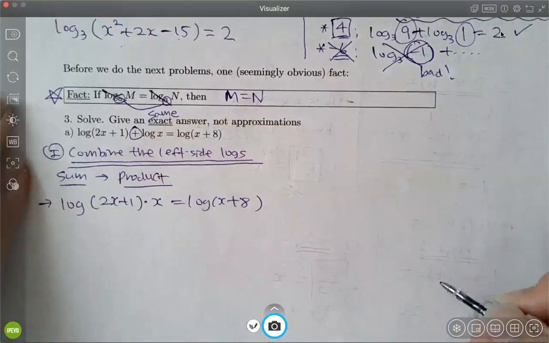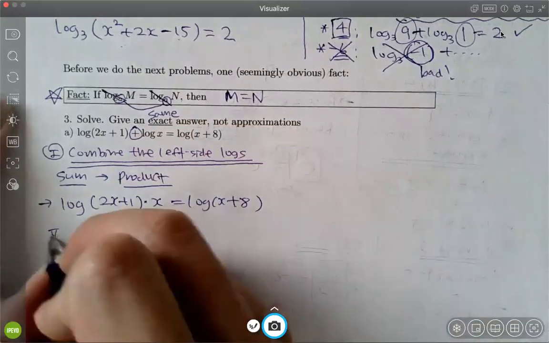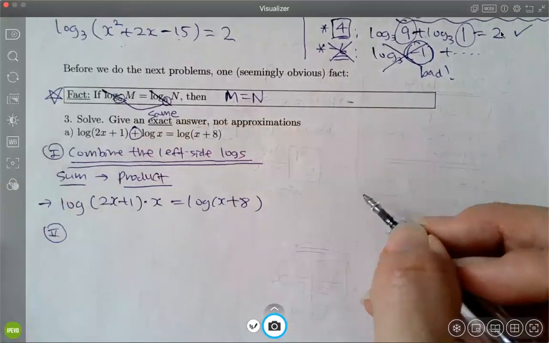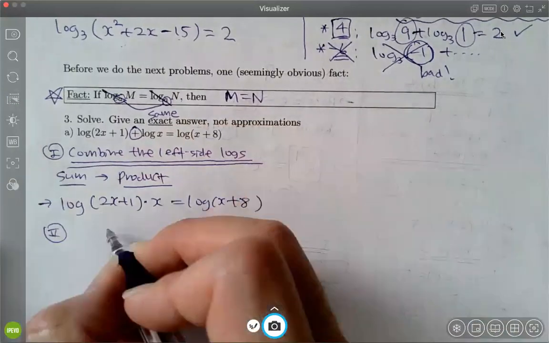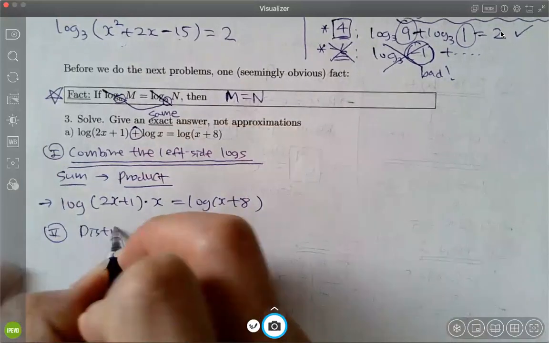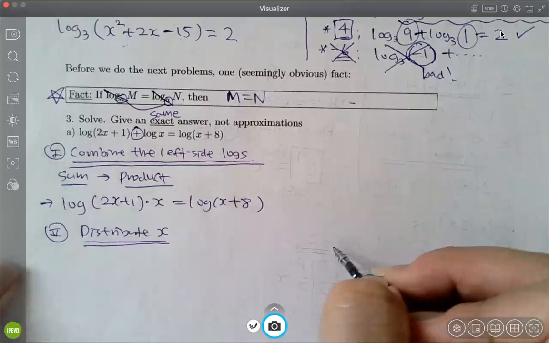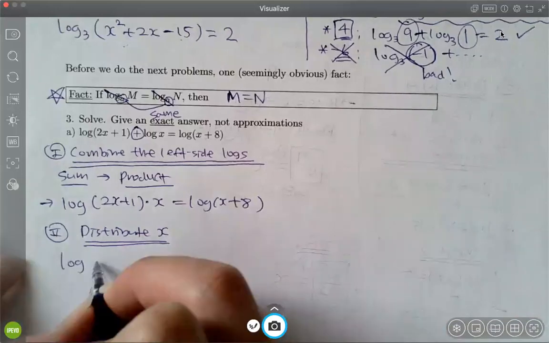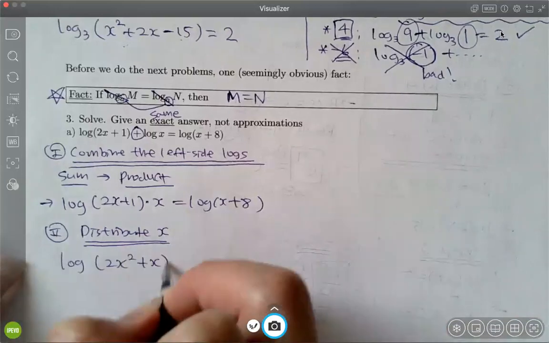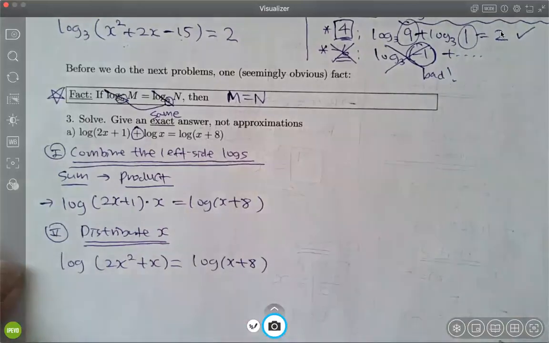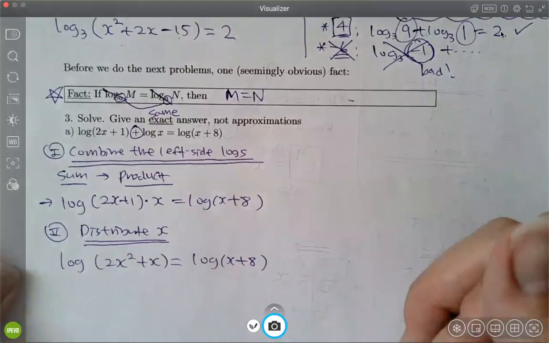Okay. And now what do you do? And now you can clear the left-hand side parentheses. And what's the only way to clear left-hand side parentheses? Distribute x, right? Okay, so you get log (2x squared plus x) is equal to log (x + 8). And now, can you see what to do?